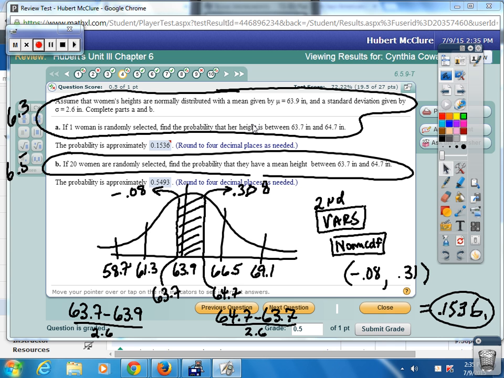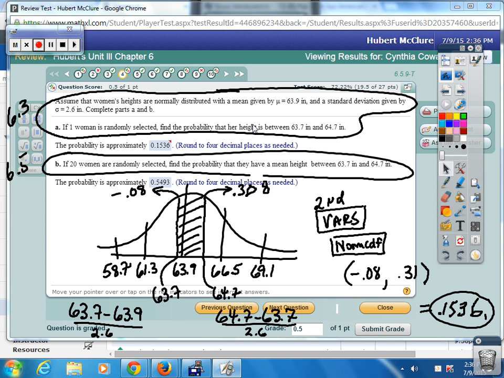All right. If 20 women are randomly selected, find the probability that they have a mean height between 63.7 and 64.7. So are we using the same 63.7?